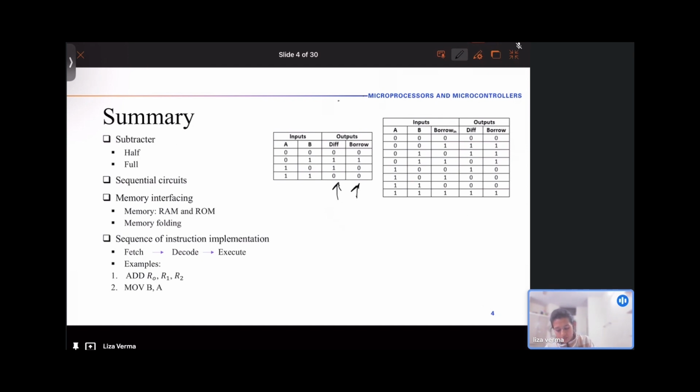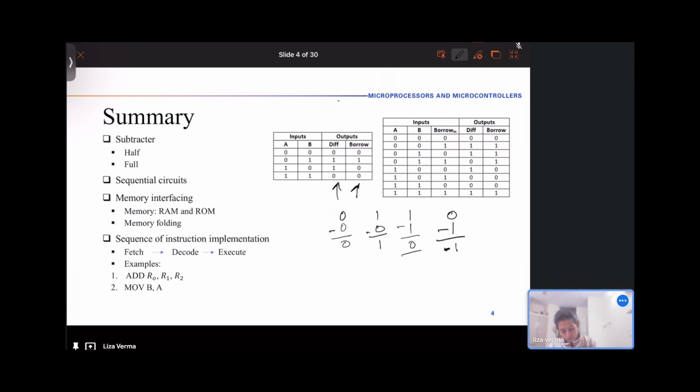Similar to a normal subtraction, 0 minus 0 would be 0, there won't be any borrow. 1 minus 0 would give a difference of 1, and there won't be any borrow. 1 minus 1 is also easy, 0, and there's no borrow. 0 minus 1 would give a difference of 1 and 1 borrow, because this is minus, and that's why we have a borrow.